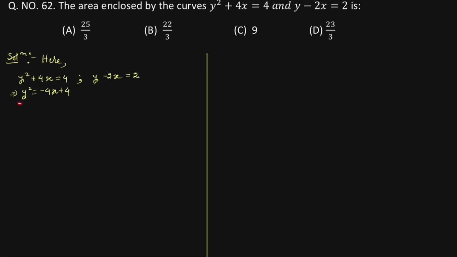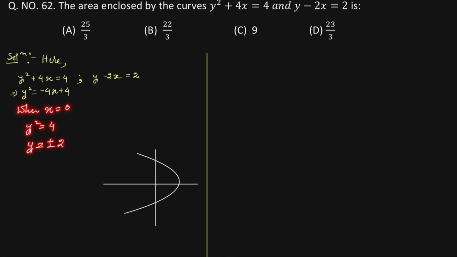Now we draw the graph of this parabola. This is the y-axis and this is the x-axis. Now the parabola is like this. So here when we take x equal to 0, then y square equal to 4, that means y equal to plus minus 2.